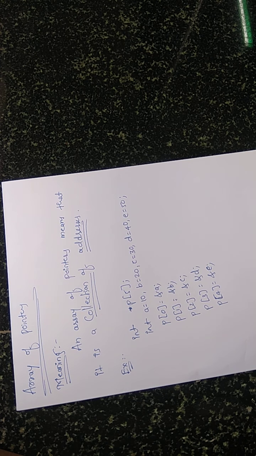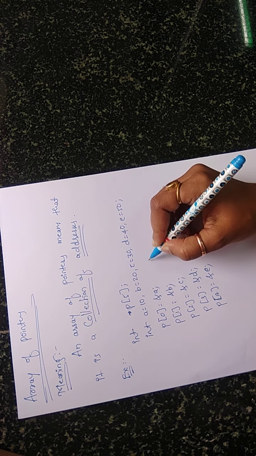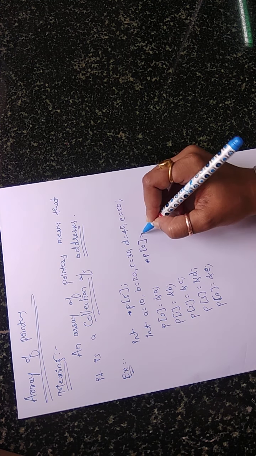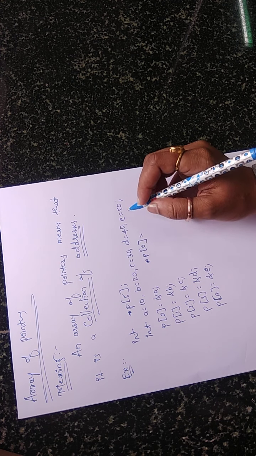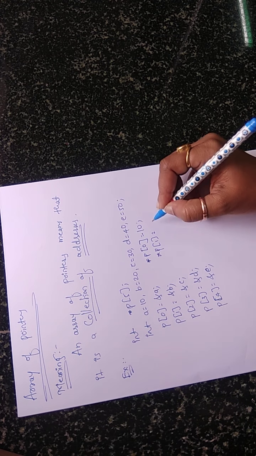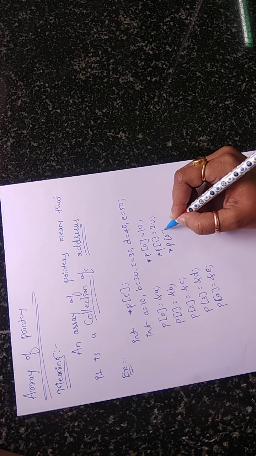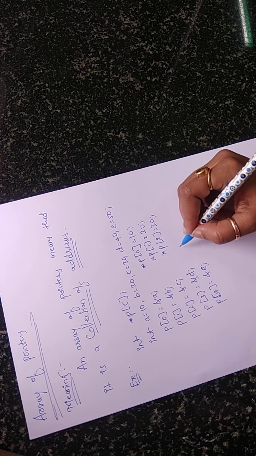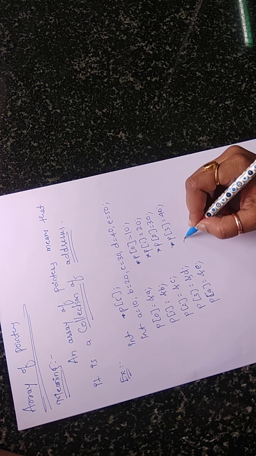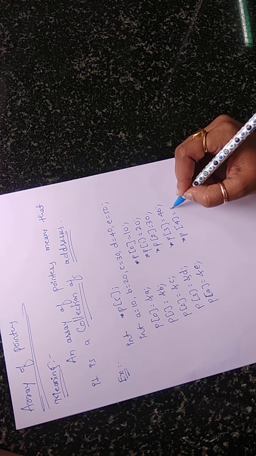One method is asterisk of p of 0 is equal to 10, asterisk of p of 1 is equal to 20, asterisk of p of 2 is equal to 30, asterisk of p of 3 is equal to 40, asterisk of p of 4 is equal to 50.